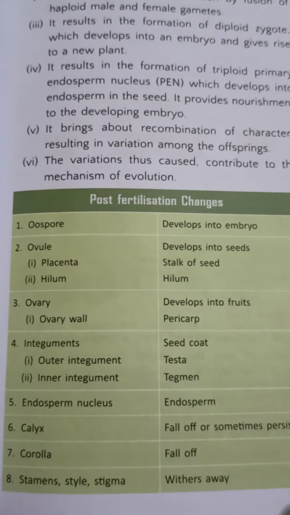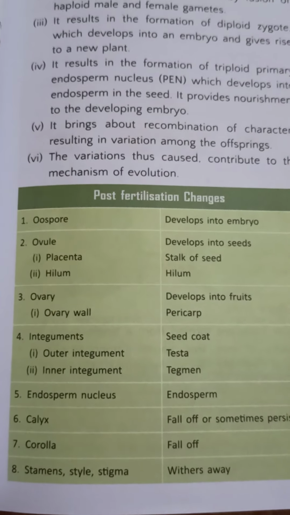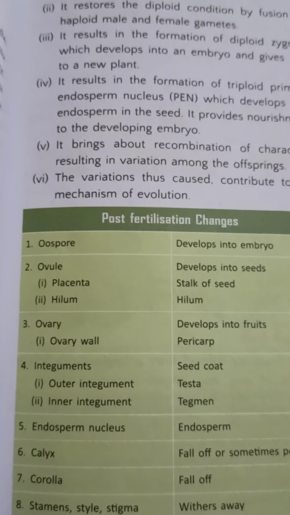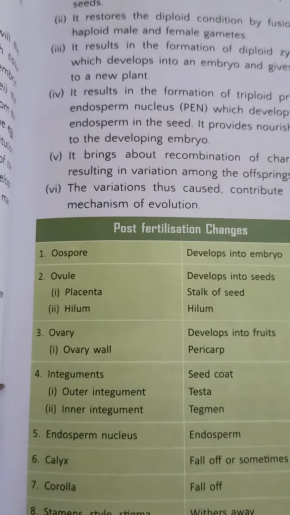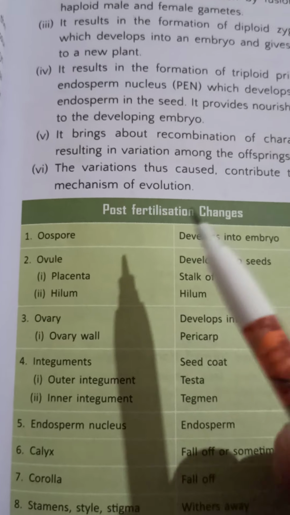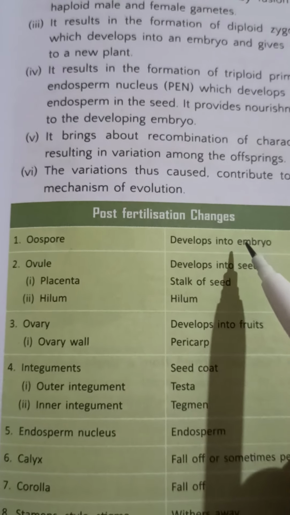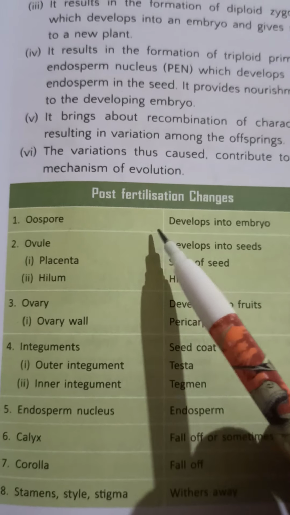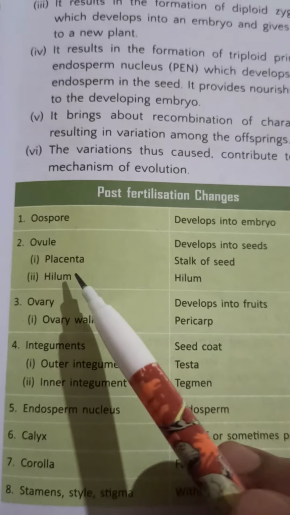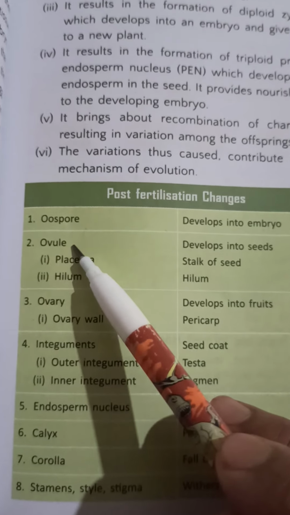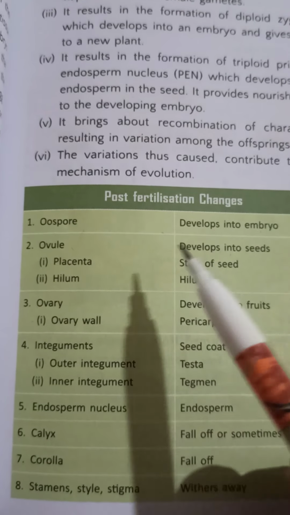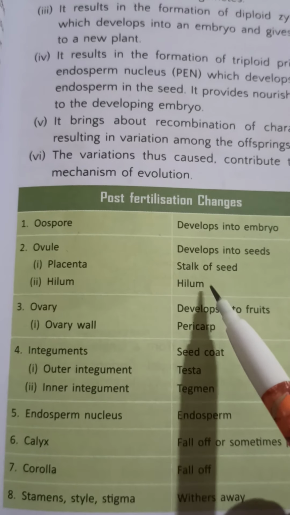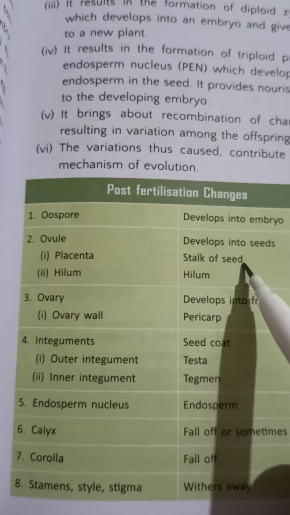Post-fertilization changes means what occurs after fertilization, when the diploid zygote is formed. So, the oospore develops into the embryo. oosporটা কিসে হয়? এমব্রায়োতে কনভার্ট হয়ে যায়। The ovule develops into seeds. এবার ওভিউলের দুটো পার্ট, প্ল্যাসেন্টা, hilum acts as hilum, placenta as stalk of seed.